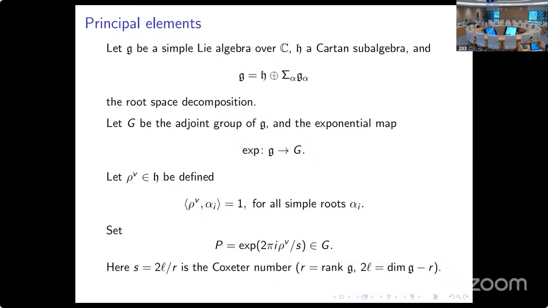In other words, this has to be put in a proper coefficient. You can consider the one-parameter subgroup in t, but a particular value plays the important role. And this h in the denominator is called the Coxeter number. This number is important to us. So you think this is just some element in the Cartan subgroup.